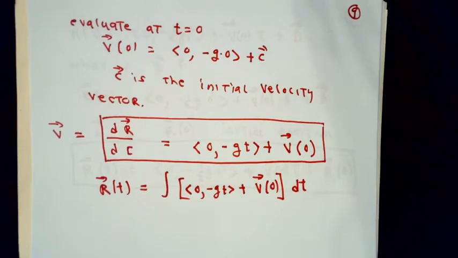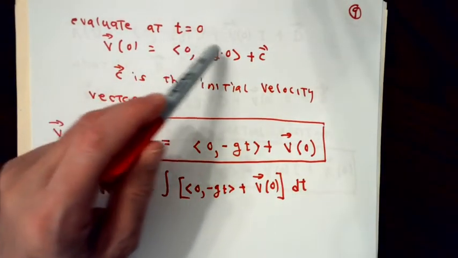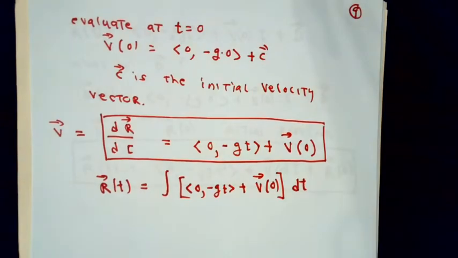We'll presume that we start at t equals 0, and let's evaluate what the v vector is at that initial time value, at t equals 0. I'll have 0 in the first slot, negative g times 0 in the second slot, which is 0.